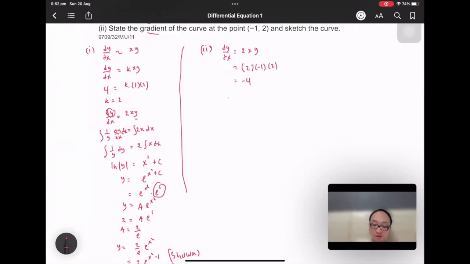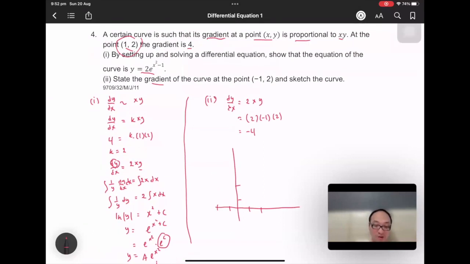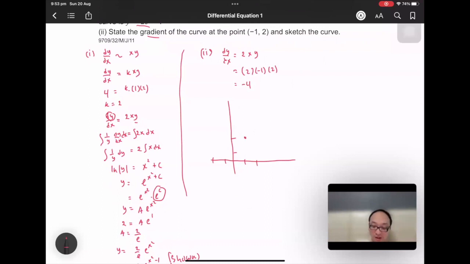So I have 1, 2, -1, 2. I have 1 and 2 from the equation, and then -1 and 2 from the equation.